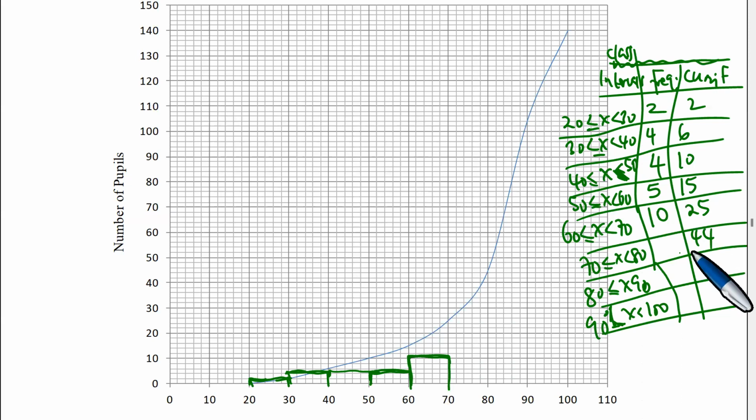Right, if this one is 44, by how much did it increase? The cumulative frequency is 44. Which means that at 70 we're at 25 here. So if it was at 25 cumulative, this one must have increased by approximately what? Okay, just 1 second. We're going to establish that one.